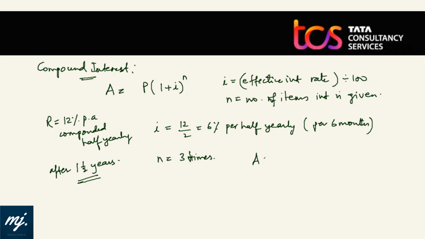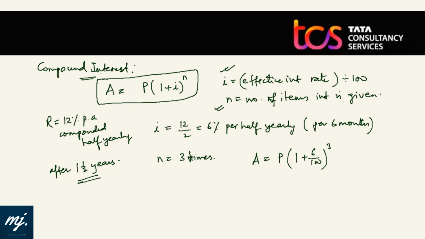So in this case, the amount will be P into (1 + 6/100) to the power 3. That is what we mean by I being the effective rate and n being the number of times interest is given. So this is the formula to directly find the amount in case of compound interest, and hence compound interest will become amount minus principal, or P into [(1 + I) to the power n minus 1]. Sorry, this one is plus, and then minus 1.